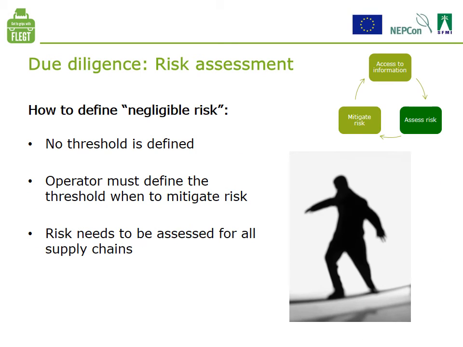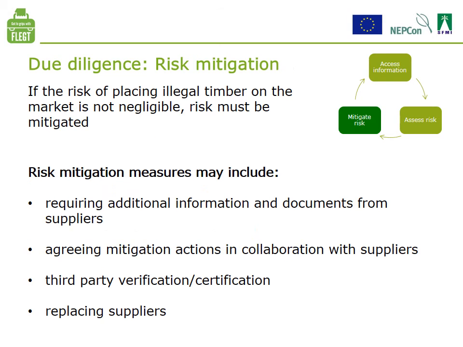In terms of how to define negligible risk, there is no definitive threshold that can be used. The level of risk can only be assessed on a case-by-case basis, as it depends on a number of factors. It is the operator that must define its own threshold based on an assessment of its supply chains and considerations of all risk assessment criteria.